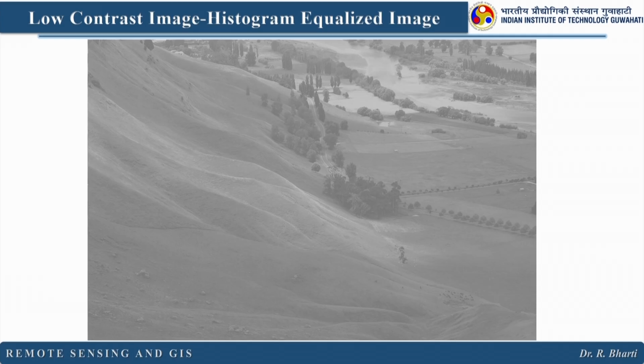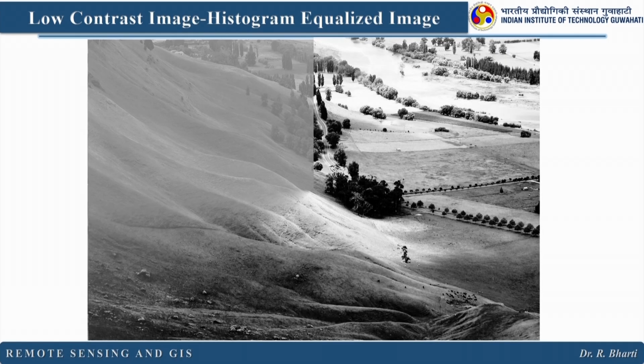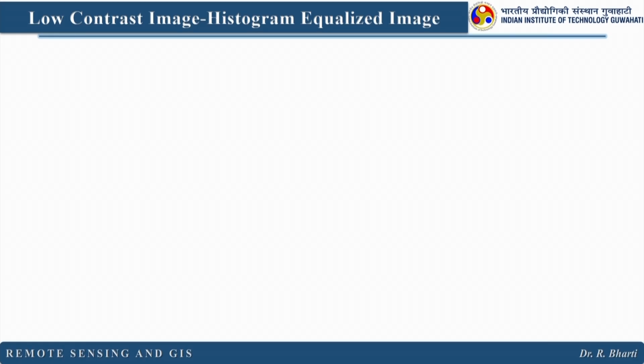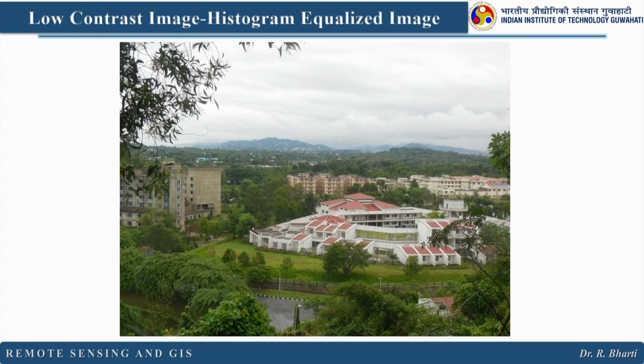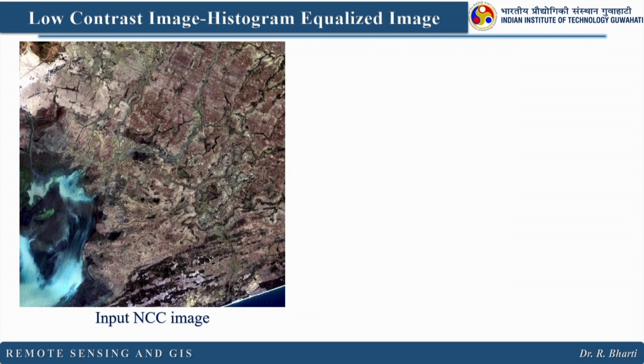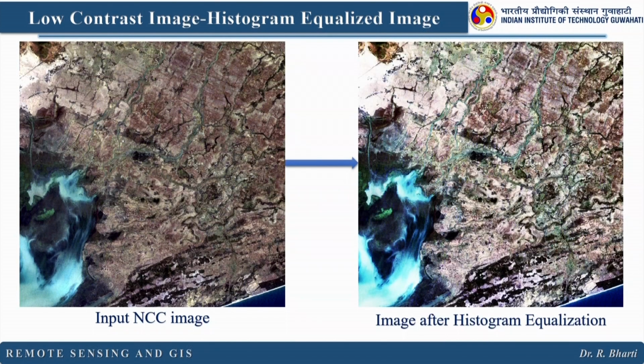This is one image, and once we apply the histogram equalization, the image will look like this. I have some more examples for you: this is one image and this is the output. This is another image and this is the output.